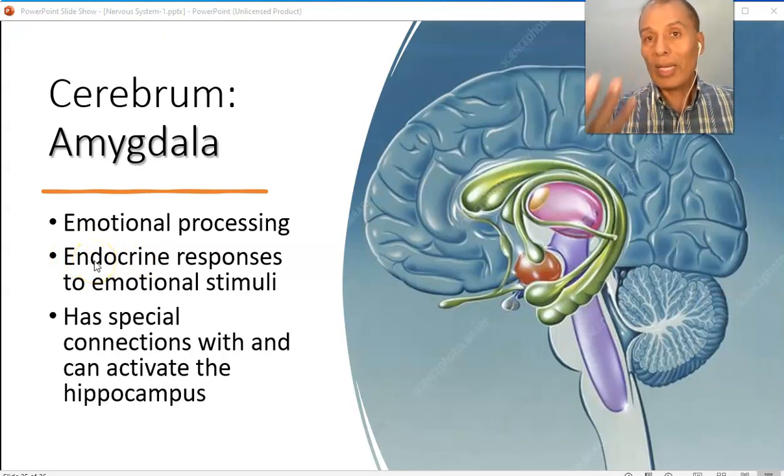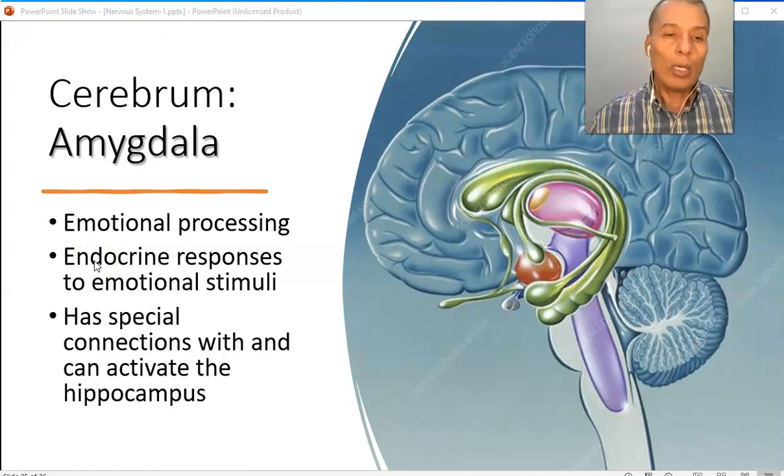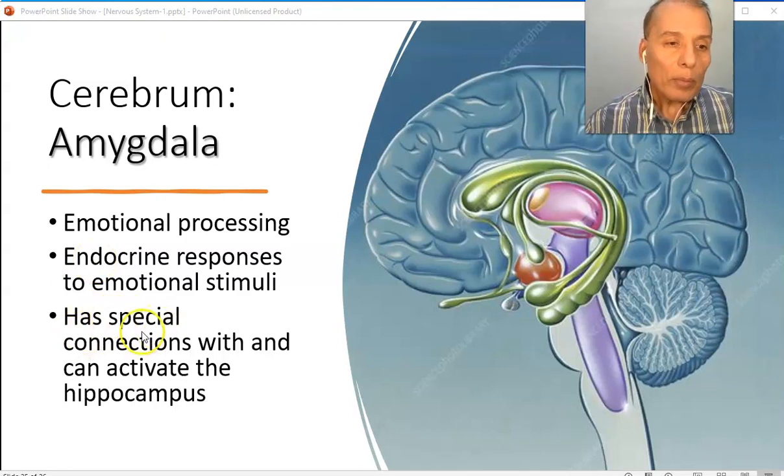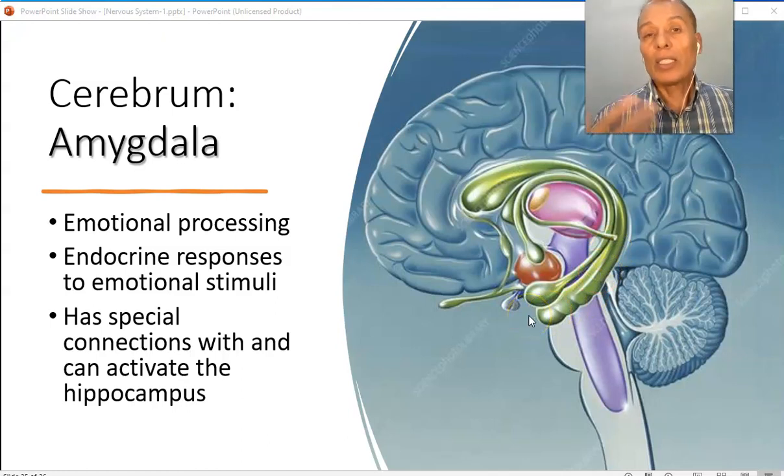Endocrine has to do with the glands and the things that produce milk or tears or saliva and so on. It has special connections with, and it activates, the hippocampus. So this is why emotionally charged or emotionally salient events and experiences activate the thalamus and the hippocampus, and the events become highly memorable.